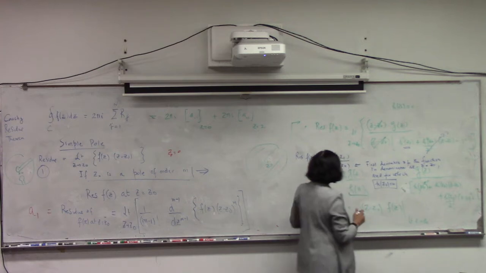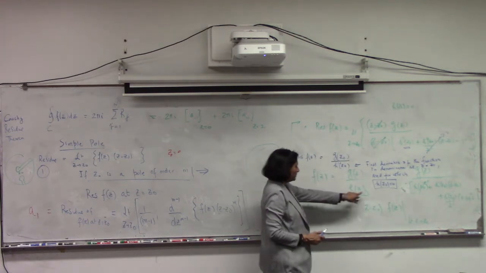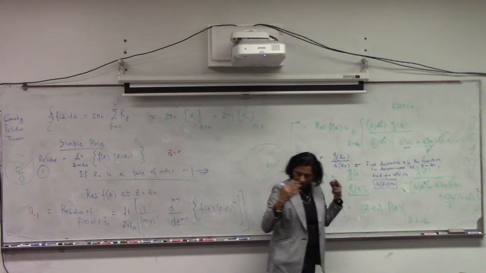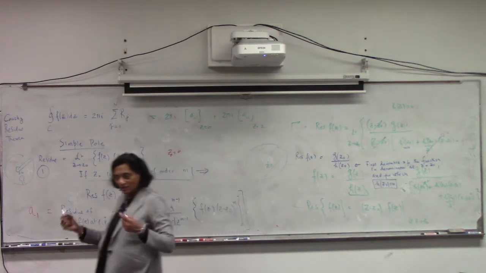That's the root of the function. If the denominator becomes 0, z naught is the root of the function h of z in the denominator.